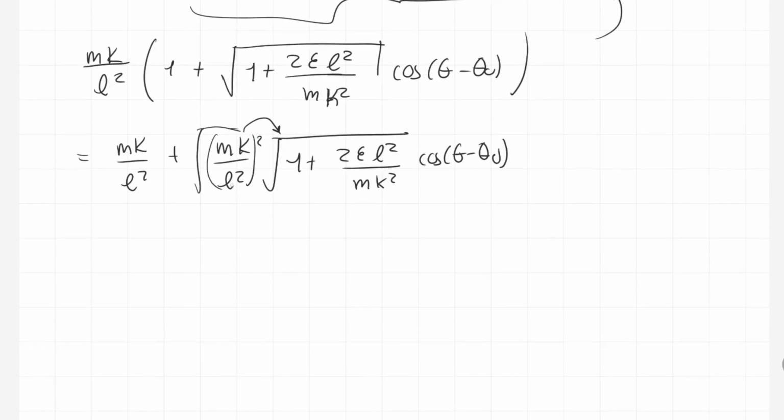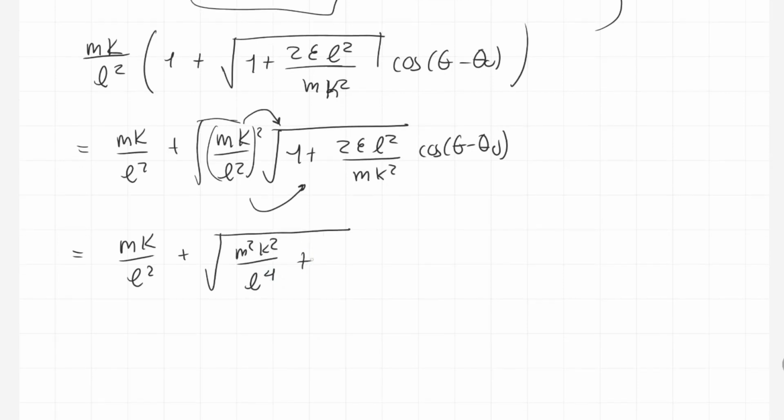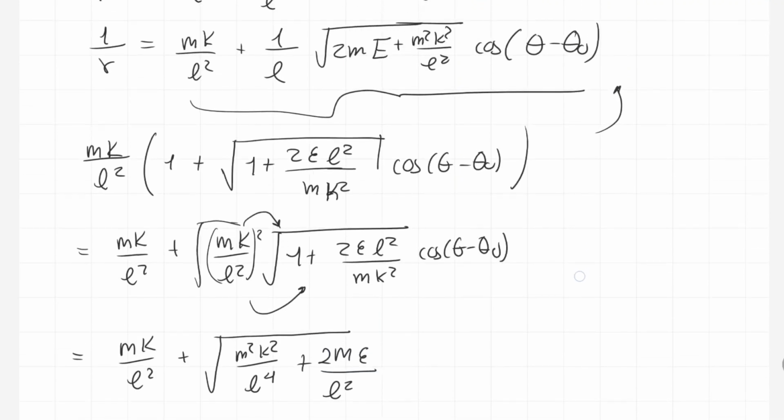We can multiply mk squared over l squared inside the square root, so we are going to get mk over l squared plus the square root of m squared k squared over l to the fourth plus, well, m squared over m, which is going to be m, then k squared over k squared will be cancelled, then e at 2, and then l squared here, and all this multiplies cosine of theta minus theta 0.